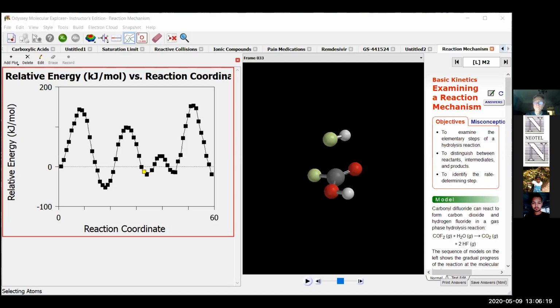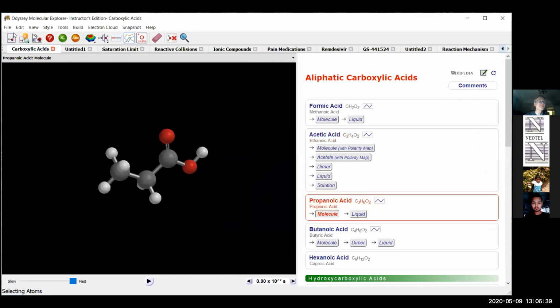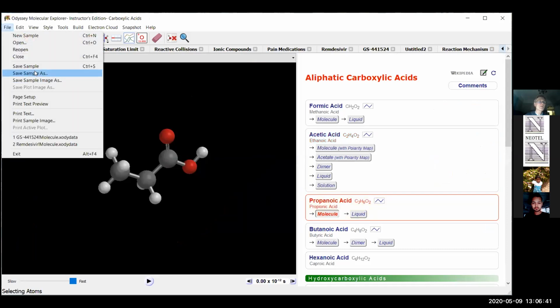Dr. Jagan, there is a question from VS Gueri: is it possible to take a snapshot of the molecules when we build them, or store their coordinates in different file formats? Yes, you can. If I go back here to, I don't know, a molecule of propanoic acid, I can go to File, Save As.